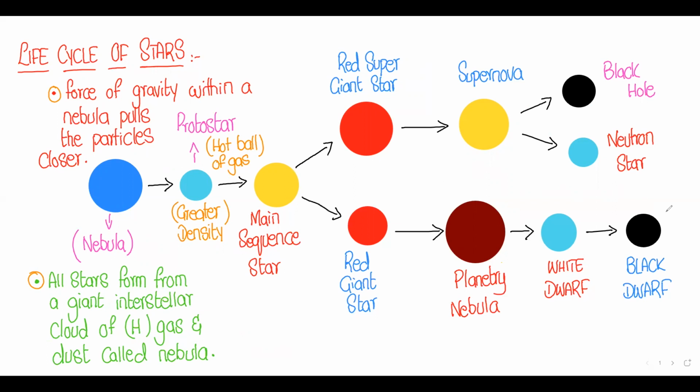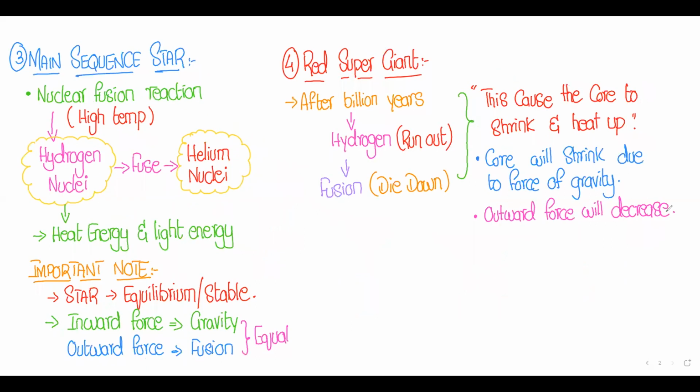So that's why we get the second stage of protostar, and protostar will continue into the third stage that is very important. That is the stable stage where both forces are equal, fusion and the force of gravity. But after billions of years, if this fusion is going to run out, the force of gravity will be greater and it will try to shrink the whole star towards the center. It means that outward force will decrease and inward force will increase. And what happens next?